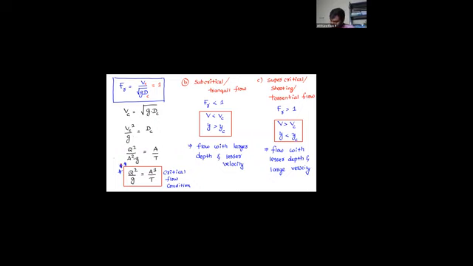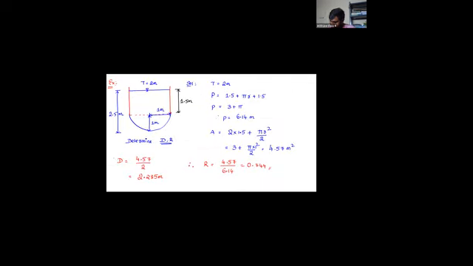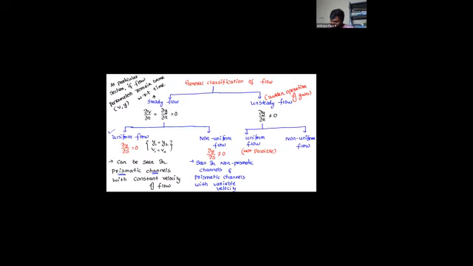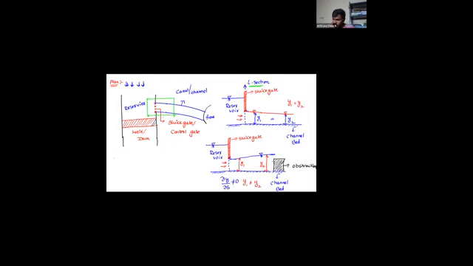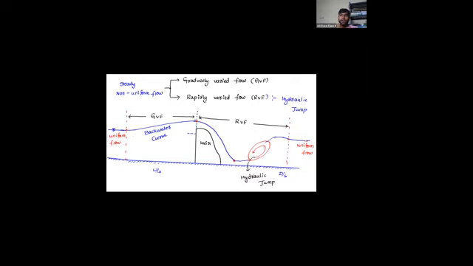Now let's get back to the figure. Can you tell me what is the nature of flow over here, on the just upstream side of an obstruction? You know that due to obstruction, kinetic energy decreases and potential energy increases.